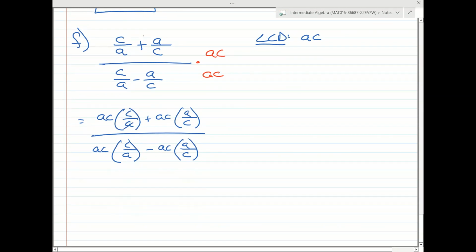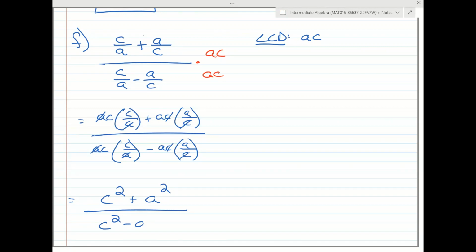We can cancel out the a's, we can cancel out the c's, but we wind up with c squared plus a squared on top. And on the bottom, the a's cancel, we just get c squared minus a squared.